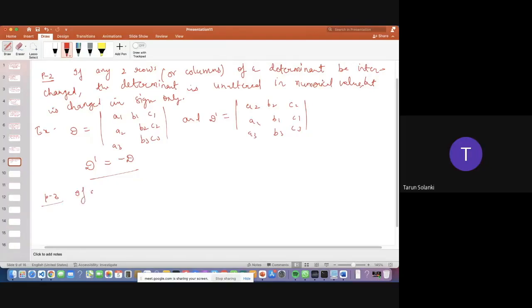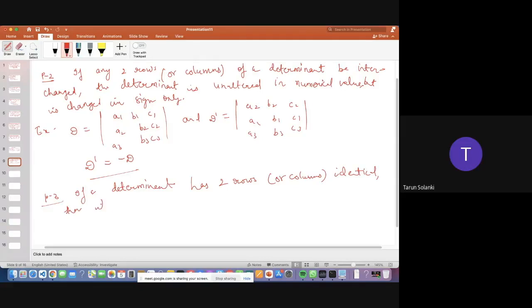If a determinant has two rows or columns identical, then its value is 0.